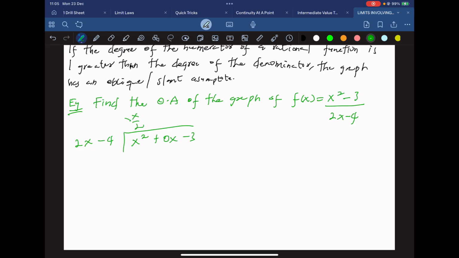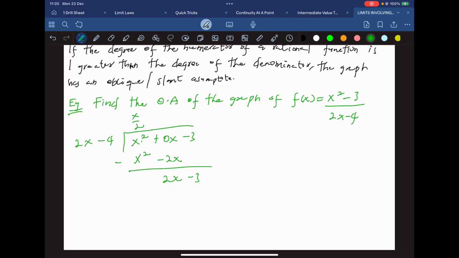Now we multiply this by this, and we have s squared here. We multiply this by this, and we have negative 2x. We always subtract, right? So s squared minus s squared goes to 0. Now 0 minus minus 2x is positive 2x. Then we bring down negative 3.